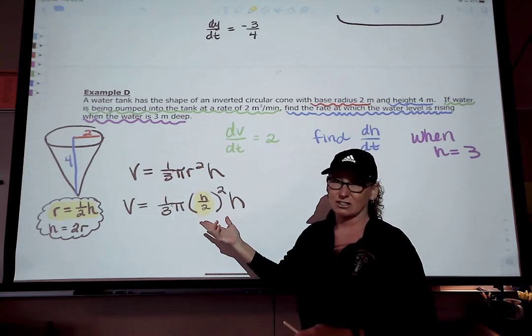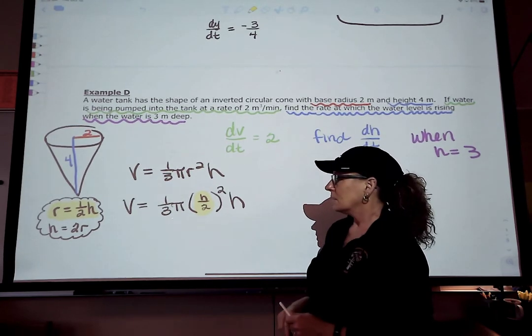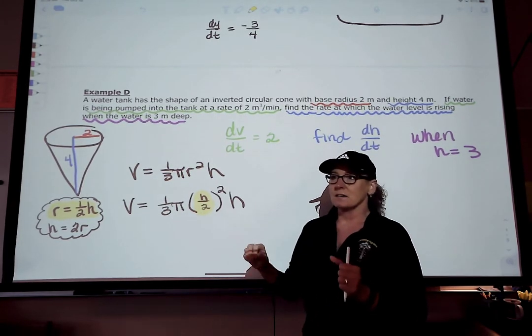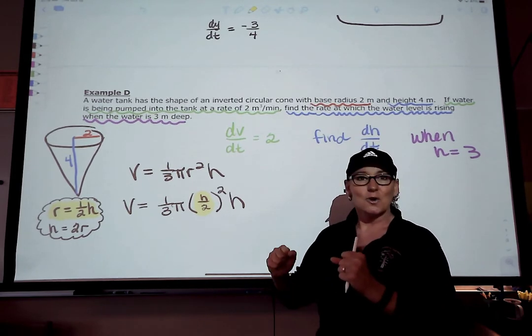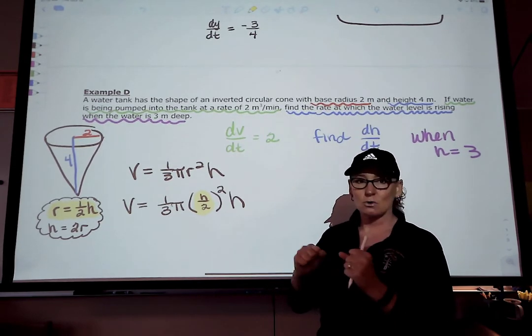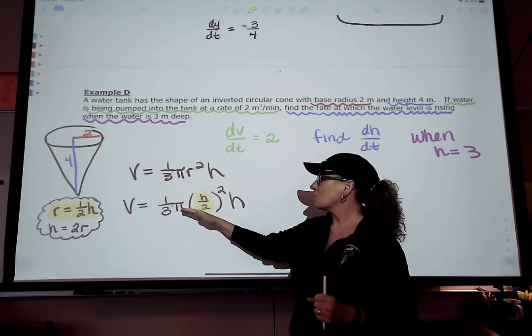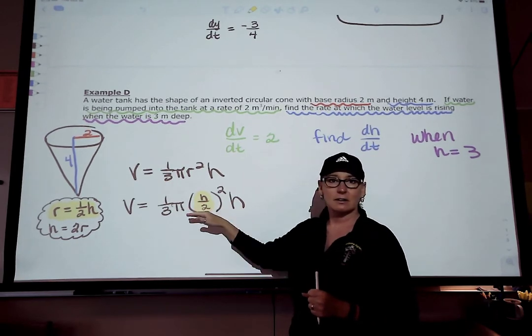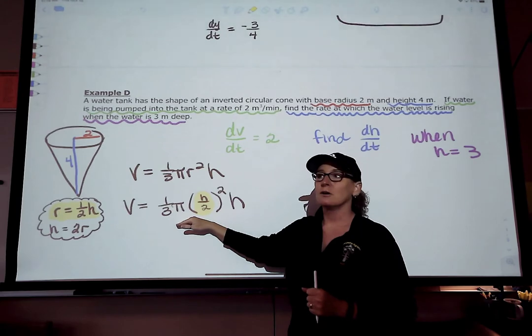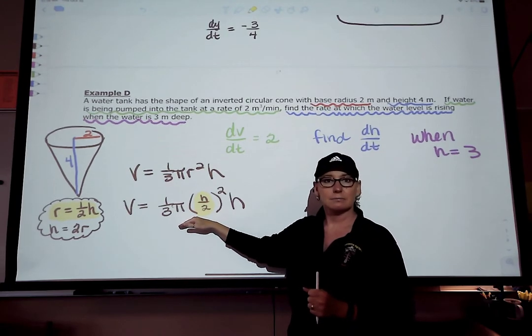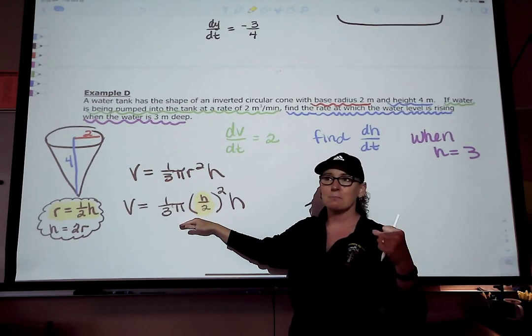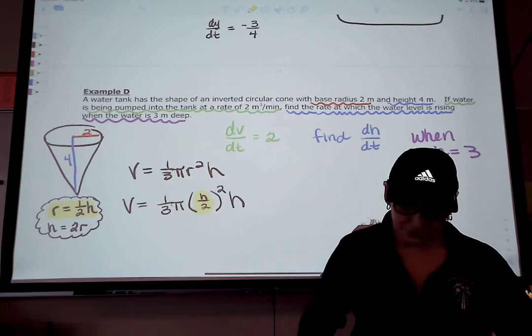I thought it would be easier. Okay? Some of you are like, okay, let's do a derivative. No. This is so complicated. If you try to do a derivative on that, more than likely you're going to mess it up. Simplify it before you do a derivative.